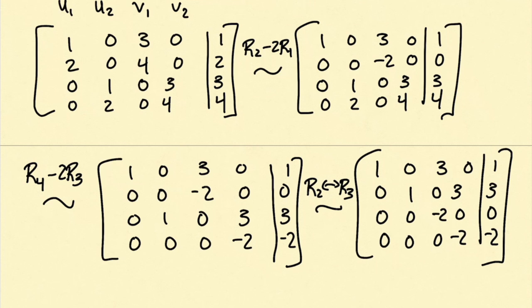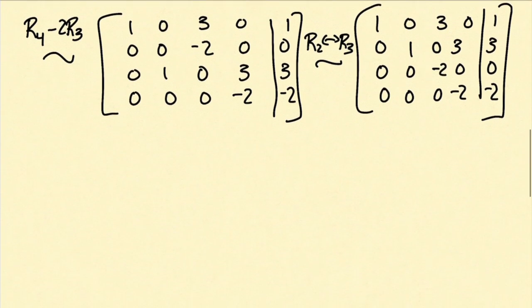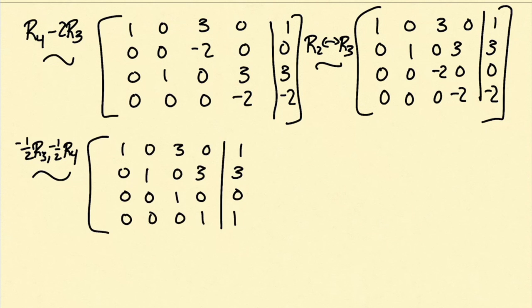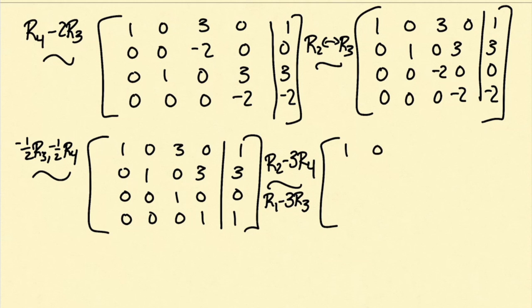Then we can scale rows 3 and 4 by -1/2. Next, we can clear the 4th column by subtracting 3 times row 4 from row 2. And we can clear the 3rd column by subtracting 3 times row 3 from row 1.